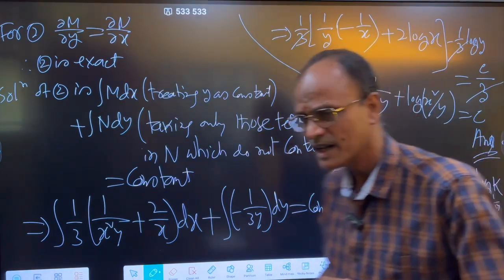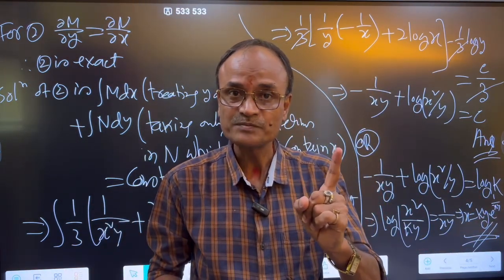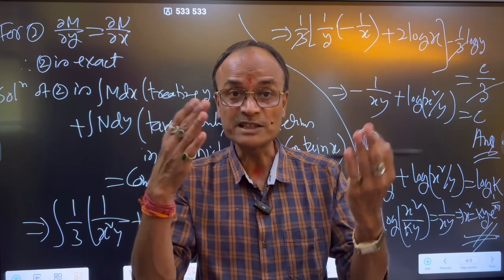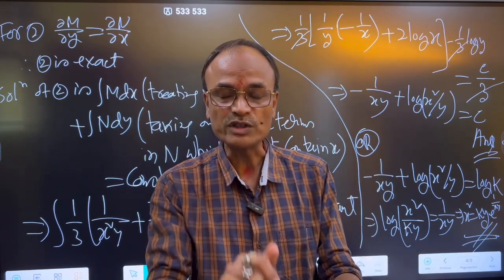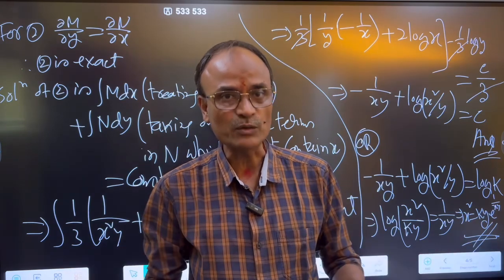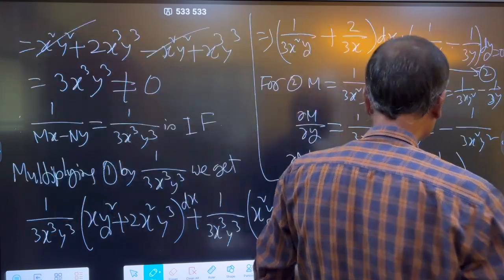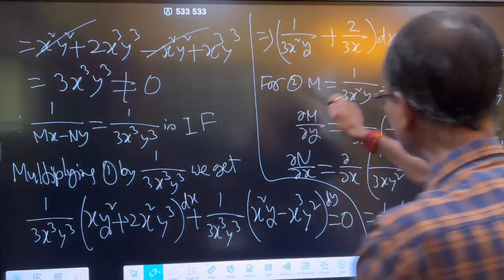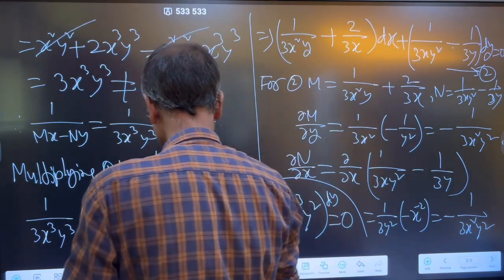Now, if a differential equation is exact, it can be expressed in the form d of u equal to 0, where u is a function of x and y. Now see equation number 2.